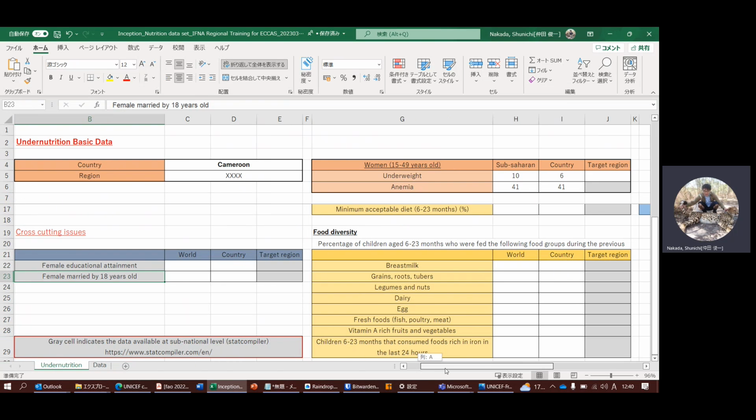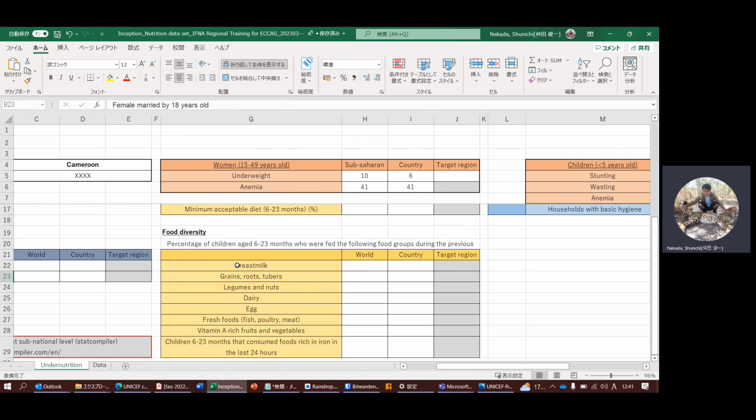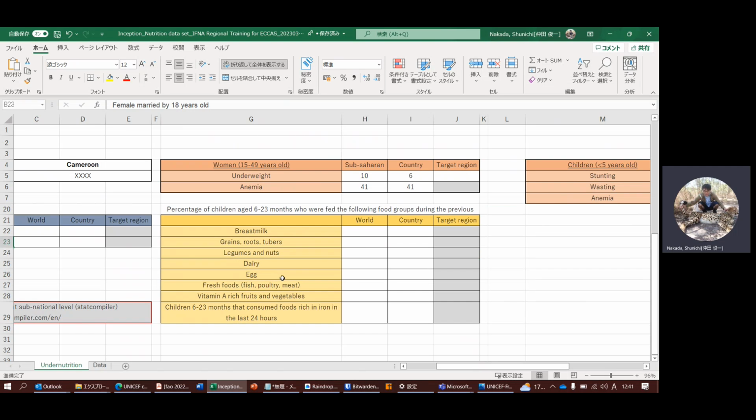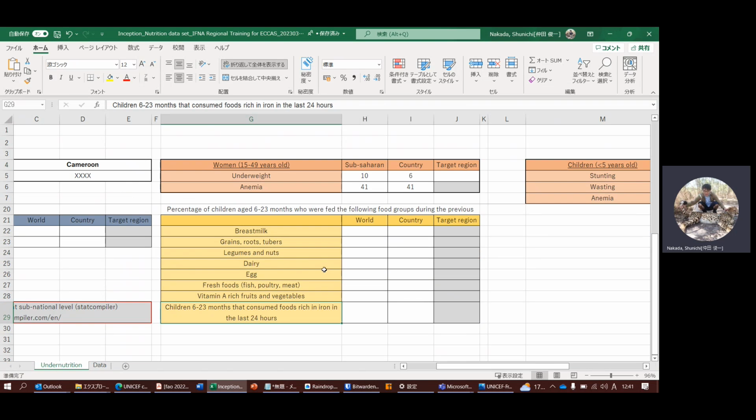Another supplemental data is a more concrete situation of diet. So you can put consumption of each food category for the average household. You can put reference data as well as country data. In this way, you can fill the data set.